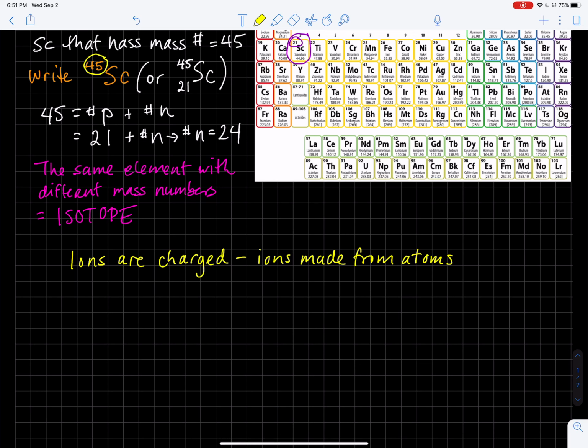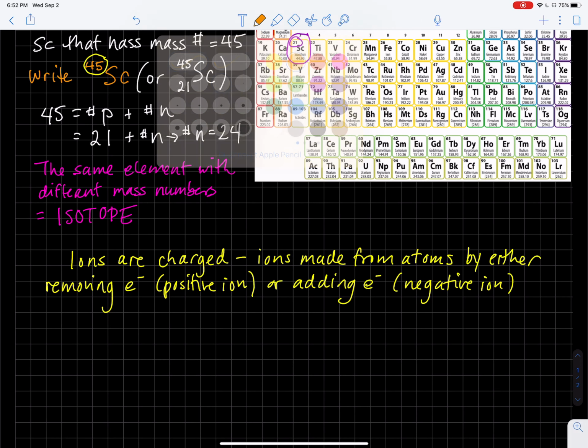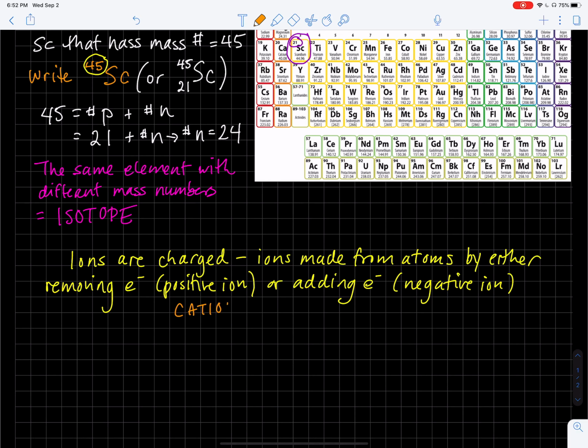Ions made from atoms are made by either removing electrons, that makes a positive ion, or adding electrons, and because you're adding negative charge, that makes a negative ion. And you might have seen the terminology: a positive ion is called a cation, a negative ion is called an anion.